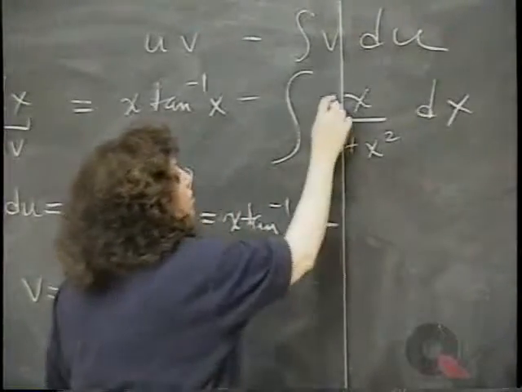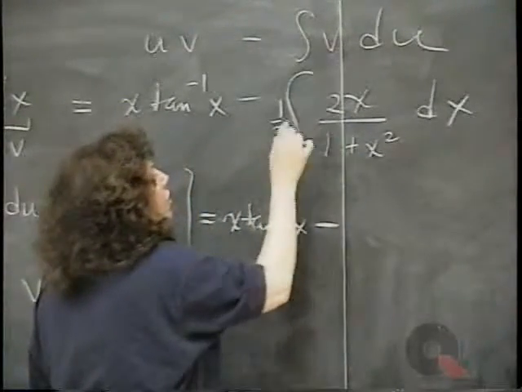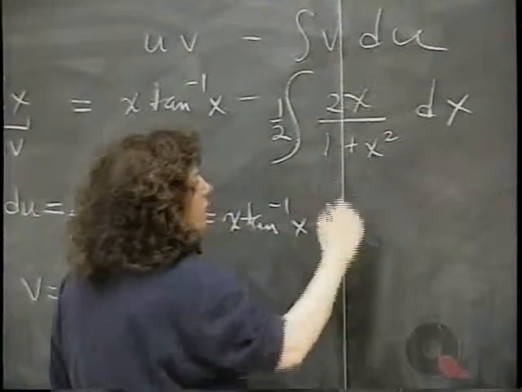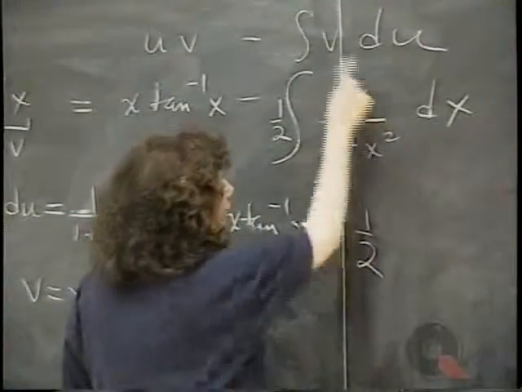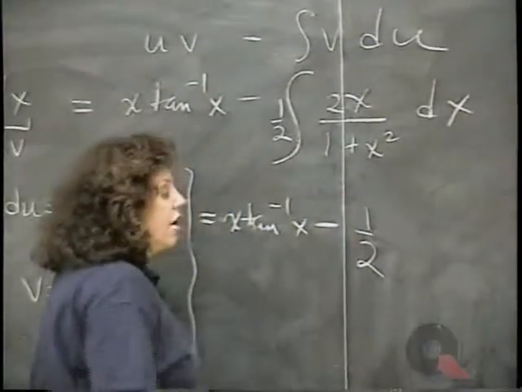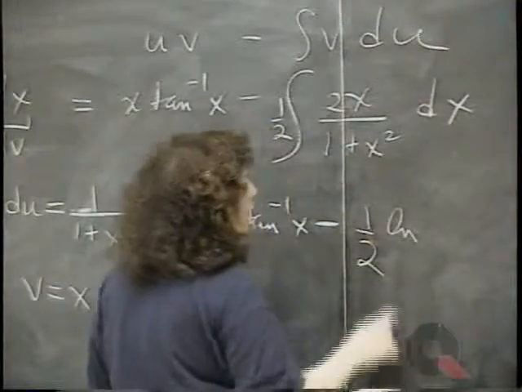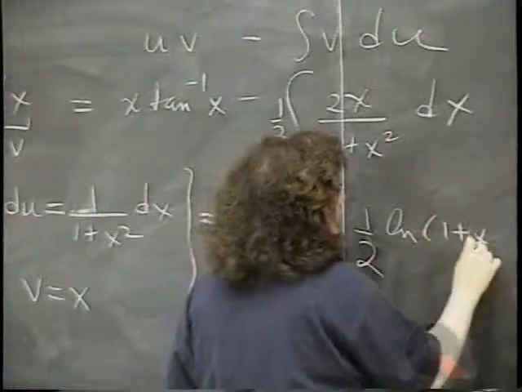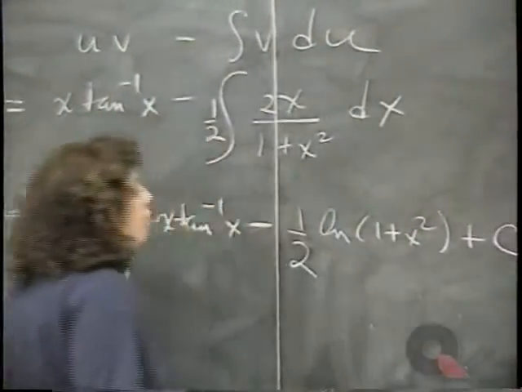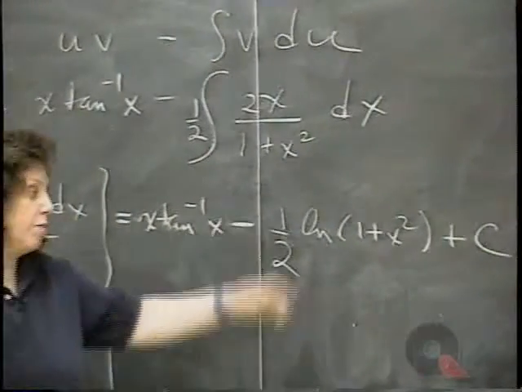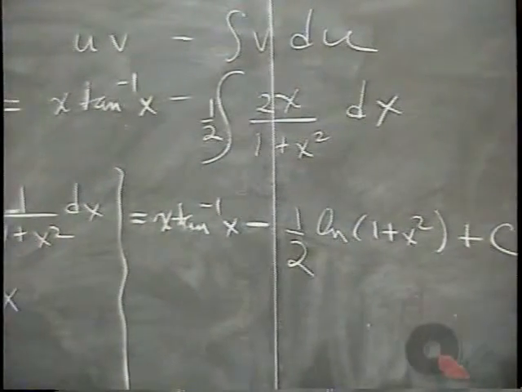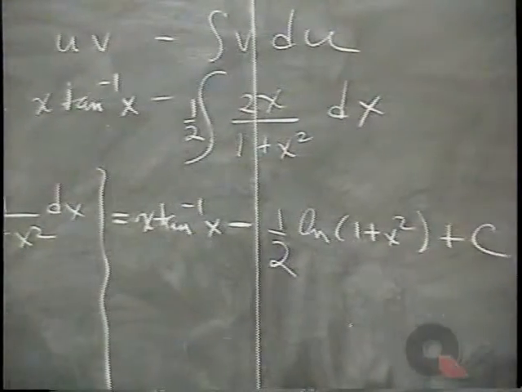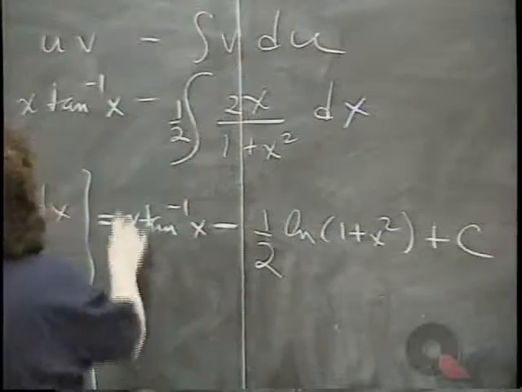So if you were to multiply by 2 and divide by 2 on the outside, this becomes 1/2 the integral of dw over w, which is ln of the absolute value of the denominator, ln the absolute value of 1 plus x squared plus c. Of course, I don't need the absolute value because 1 plus x squared couldn't be negative anyhow. So x inverse tan x minus 1/2 ln of 1 plus x squared plus c.